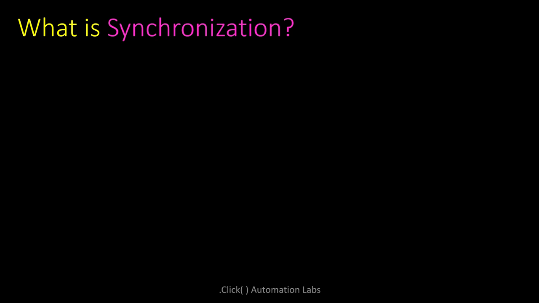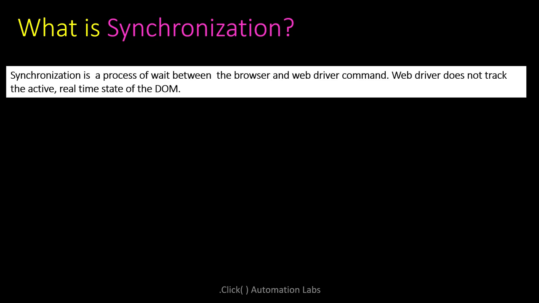By definition, synchronization is a process of waiting between the browser and WebDriver commands. WebDriver doesn't track the active real estate of the DOM. DOM means Document Object Model, which is nothing but a group of your HTML elements.